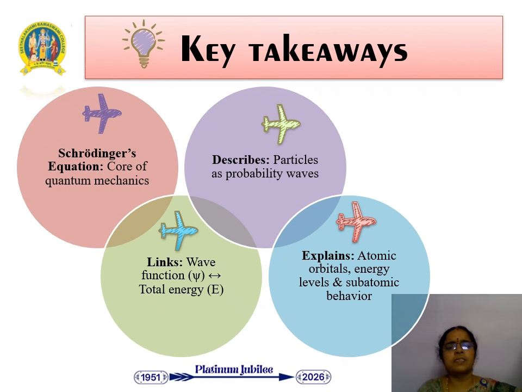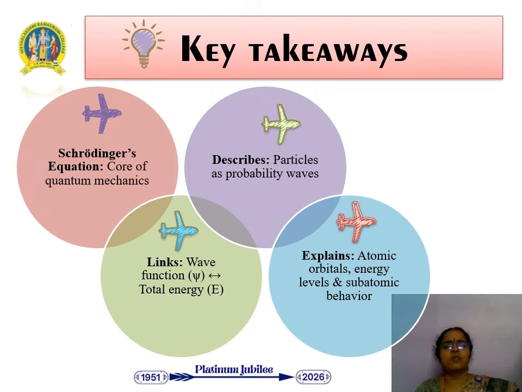So far, we discussed the derivation of the Schrodinger wave equation, which is the time-independent Schrodinger wave equation. We have seen two forms. One form is the general form, another form is the Hamiltonian form.